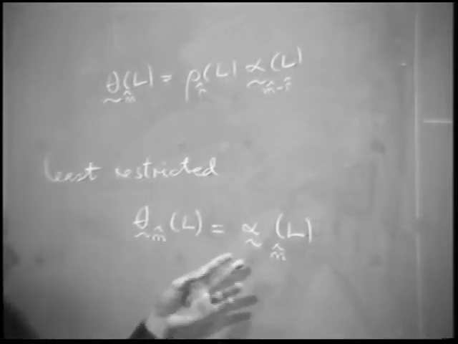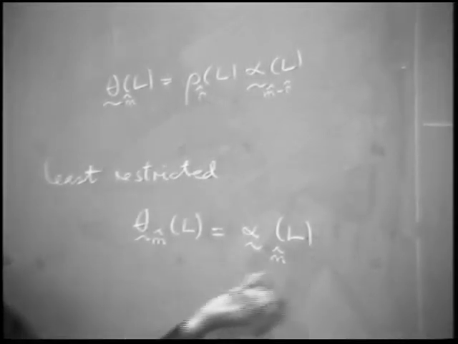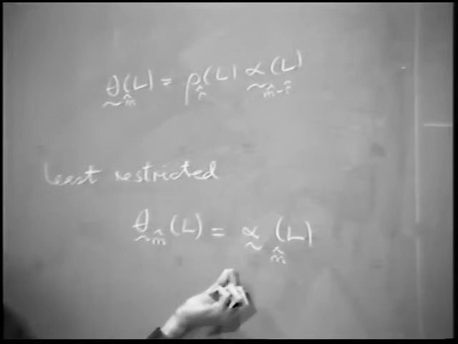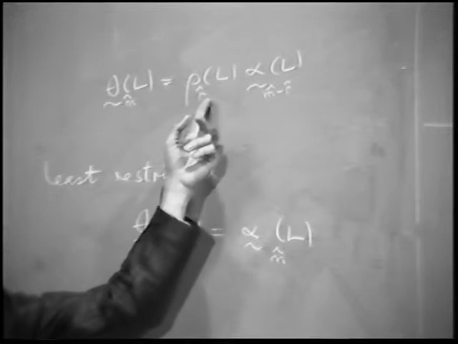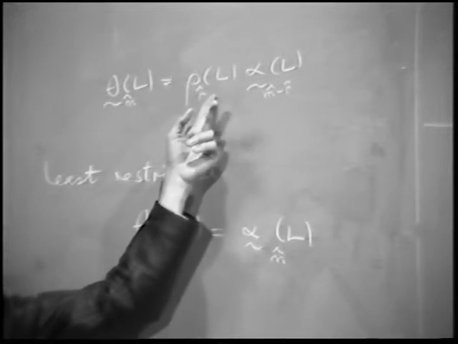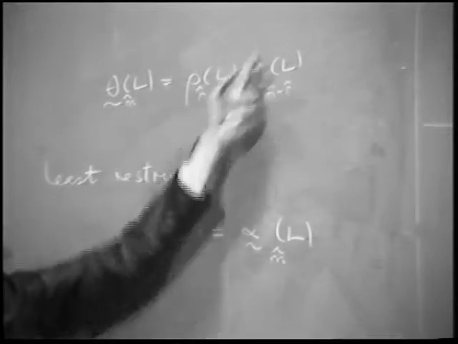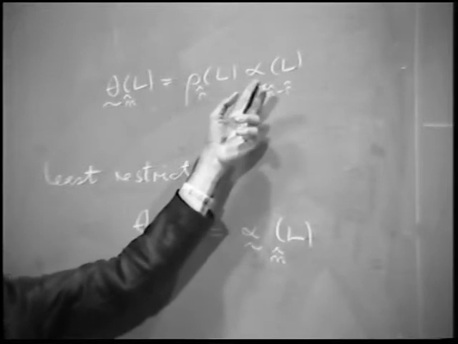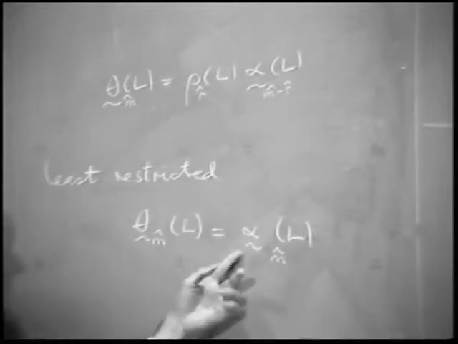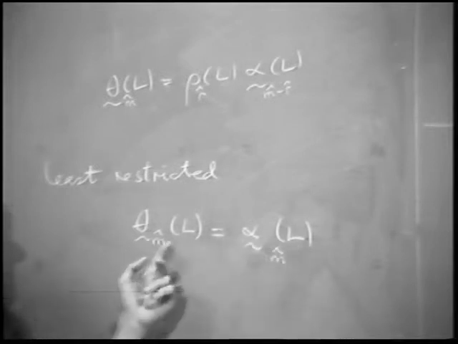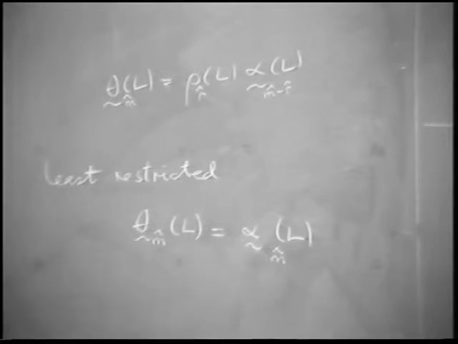And we can see that either because we haven't pulled out any autoregressive common factors, or alternatively by noting that the rho of L is a scalar polynomial, common to all the polynomials in the vector of polynomials alpha of L. So that if there are no restrictions, this is the unrestricted model, and that's the least restricted.